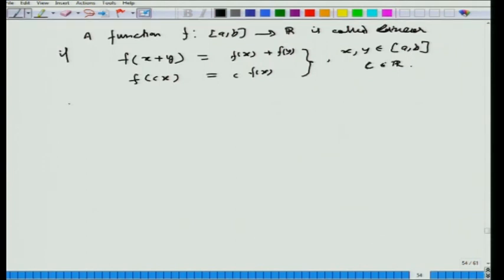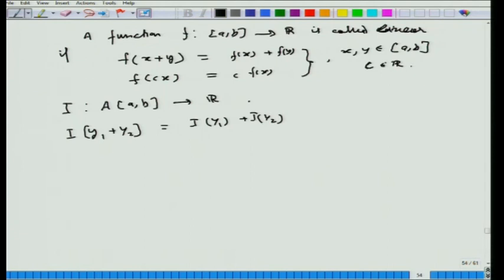So, similarly, if I is a functional from some admissible class A defined on a certain interval a to b into R, where A is the admissible class of functions for which this I will make sense, then if you take two functions y 1, y 2, I of y 1 plus y 2 should be I of y 1 plus I of y 2, and I of c times y is c times I y, and this is called linear.